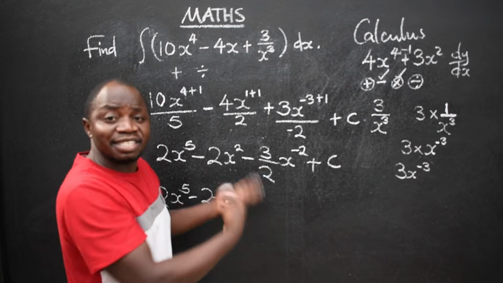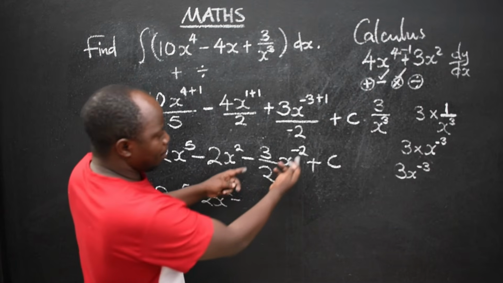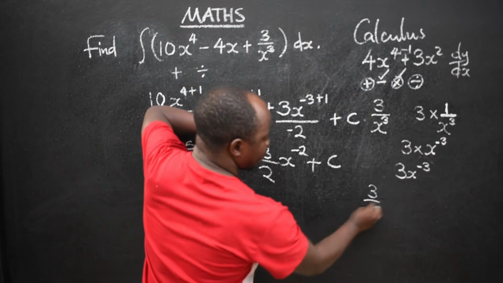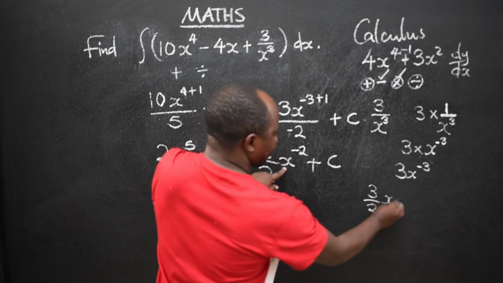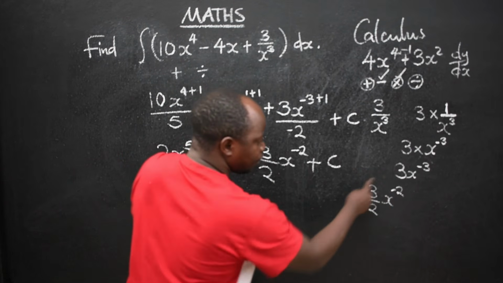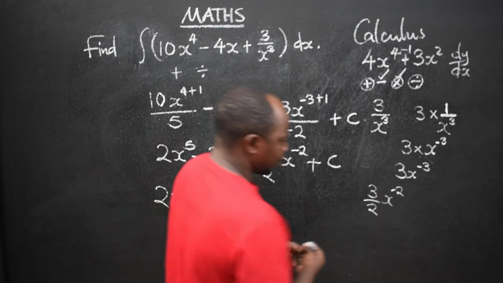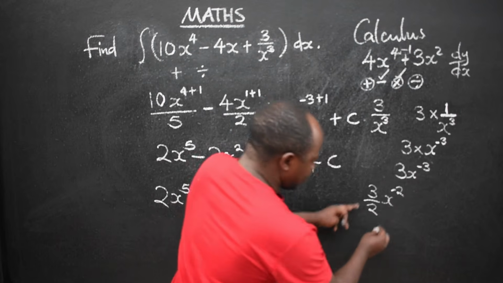How? Again, this is indices I'm doing. So I'll write 3 over 2 x to the power negative 2. I want to change the power to positive.